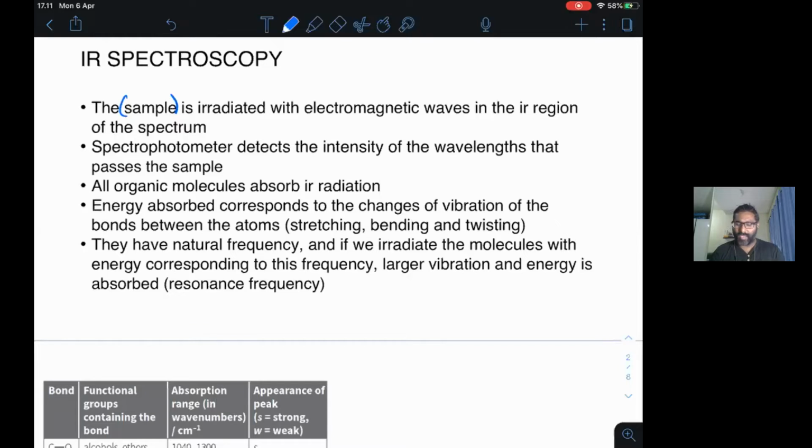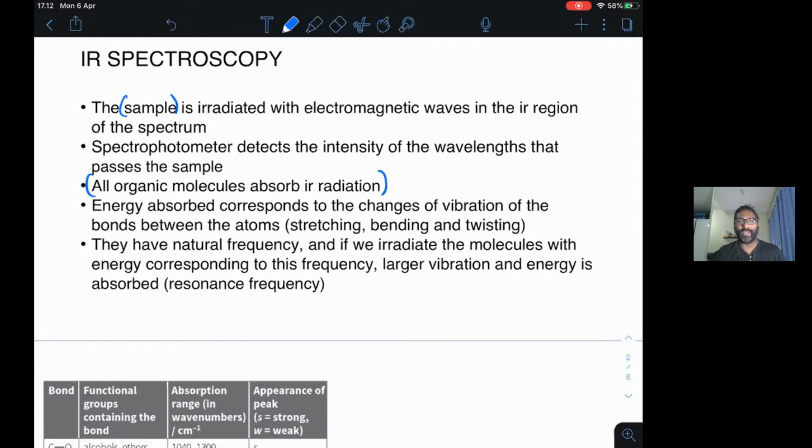According to your physics, you should know that all organic compounds, or all organic molecules, absorb infrared radiation. It means they can absorb that, basically in the form of energy.